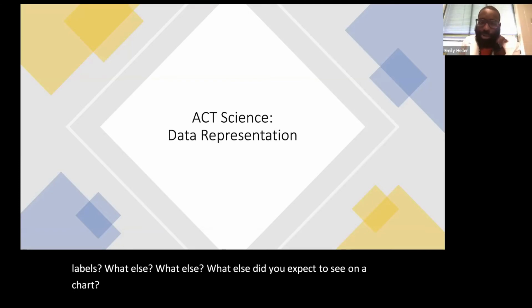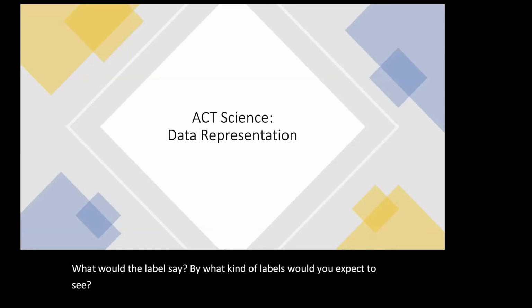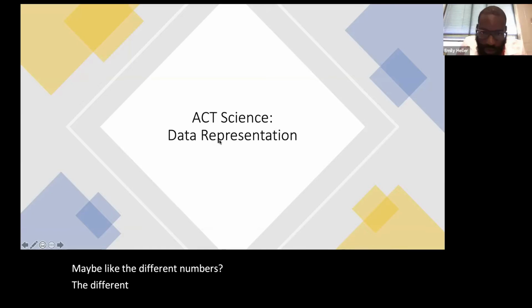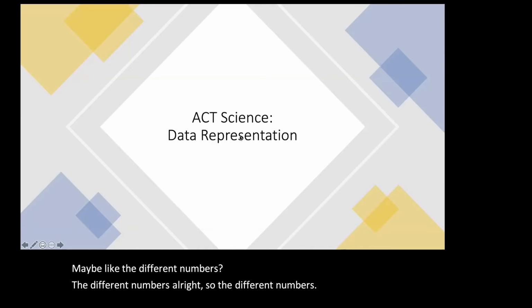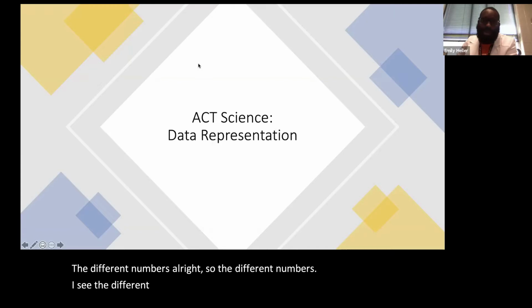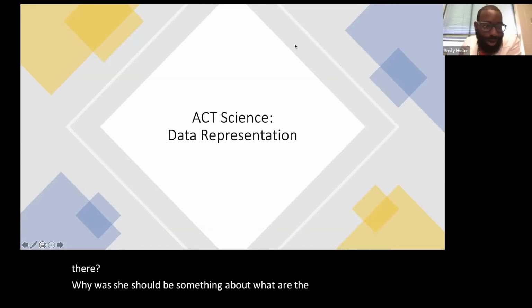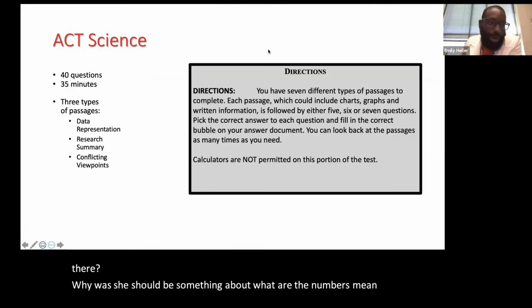What kind of labels would you expect to see? Maybe like the different numbers. All right, the different numbers. What else do you expect to see there? It should be something about what the numbers mean, right? And anytime we look at some type of change.